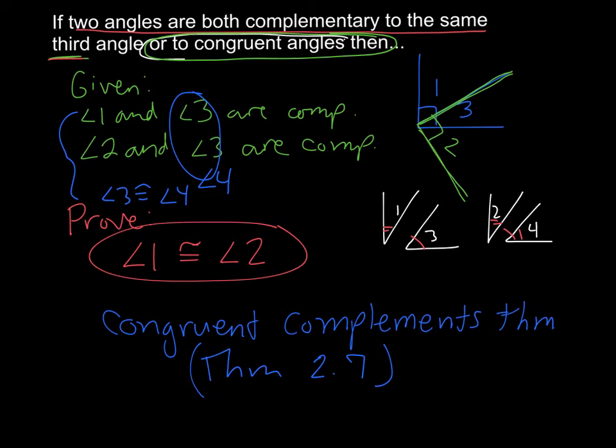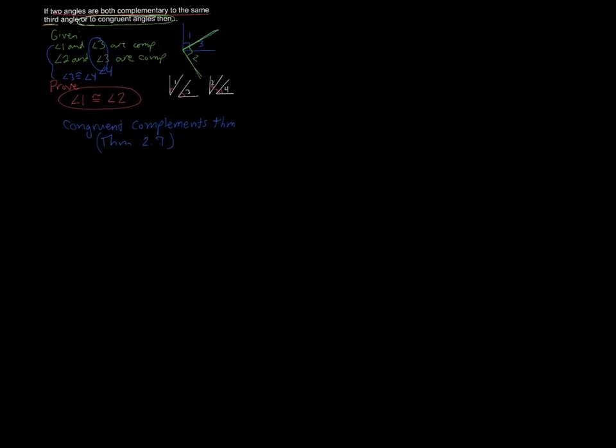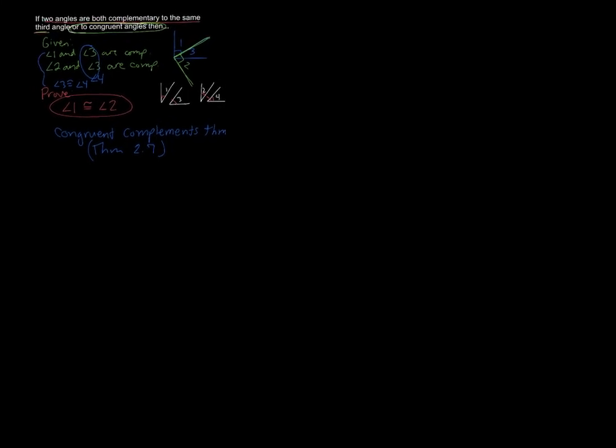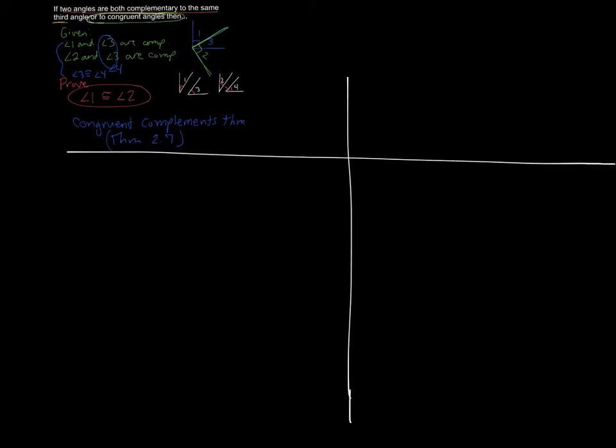Okay, I'm going to go to the next page, and I'm going to set up my proof. Actually, I'm going to see if I can shrink this down so we can still see it, but we can continue on with our proof. Whoops. Come on. No, I guess that's as small as it'll let me go. Okay, so setting up my proof from here. So I've got statements on the left and reasons on the right, and of course I'm starting with my given information.